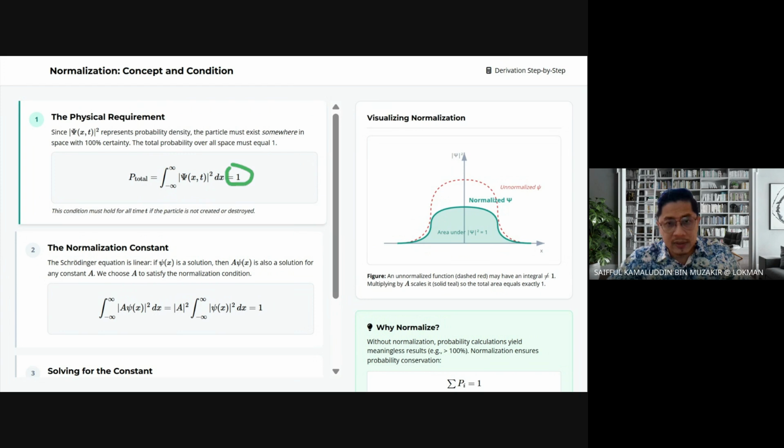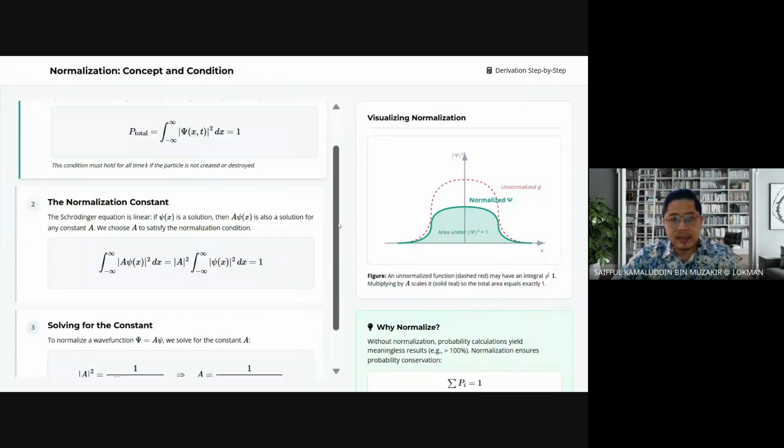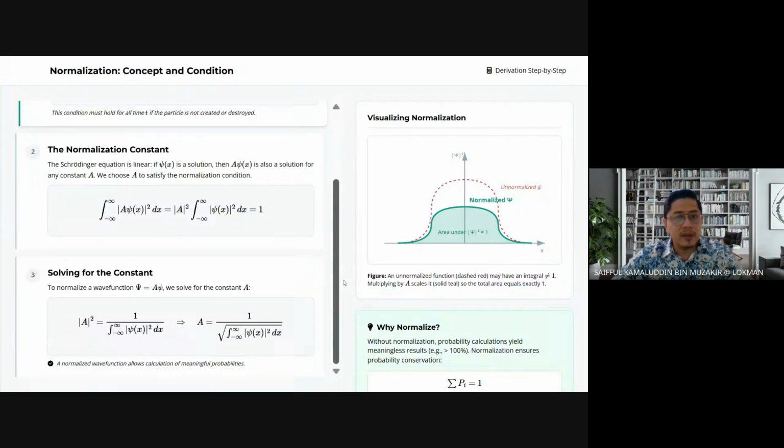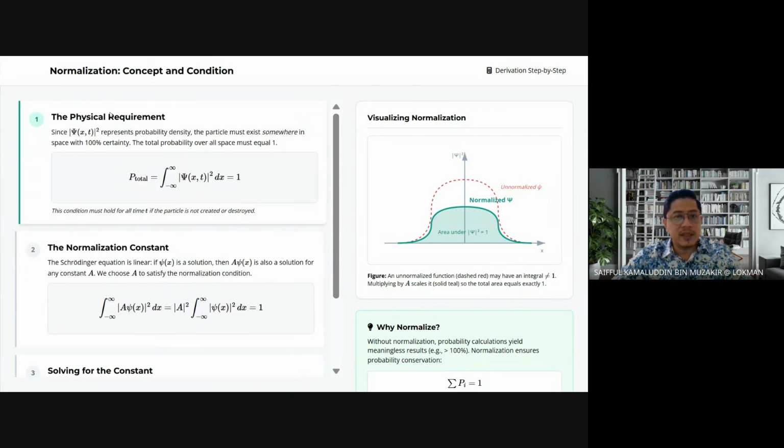Don't worry, I won't ask you to derive this equation, the normalization. I don't think solid state physics students in material technology need to do normalization manually, because this can be calculated using the computer instantaneously. You don't need to learn how to do it manually. But in case you want to see how the equation looks, you can slide through the slides from step 1, 2, and 3, starting from the physical requirement.